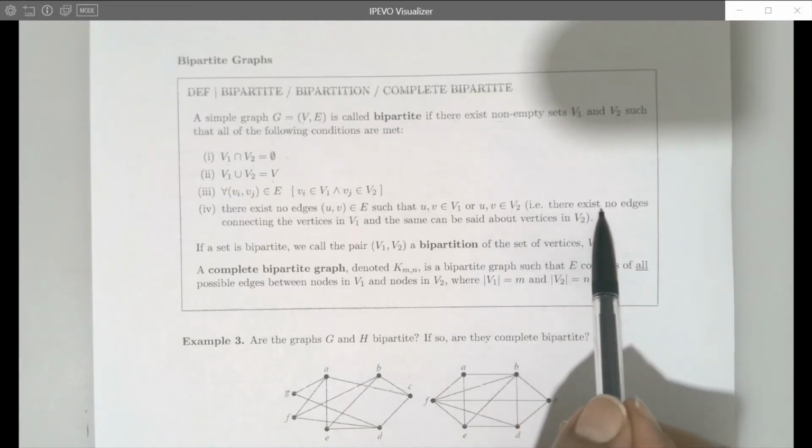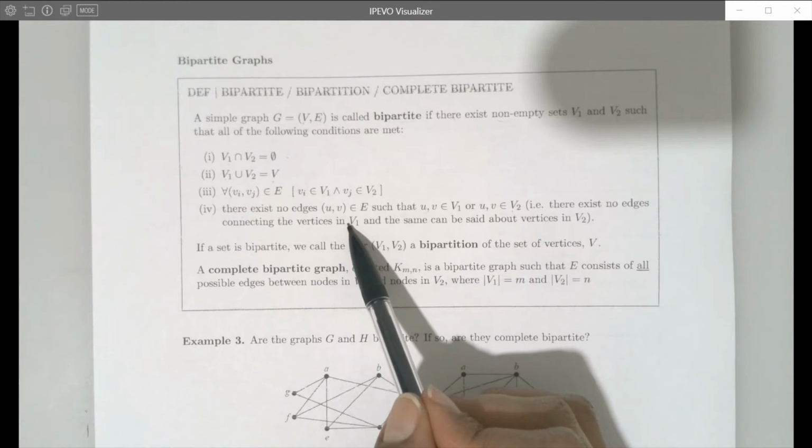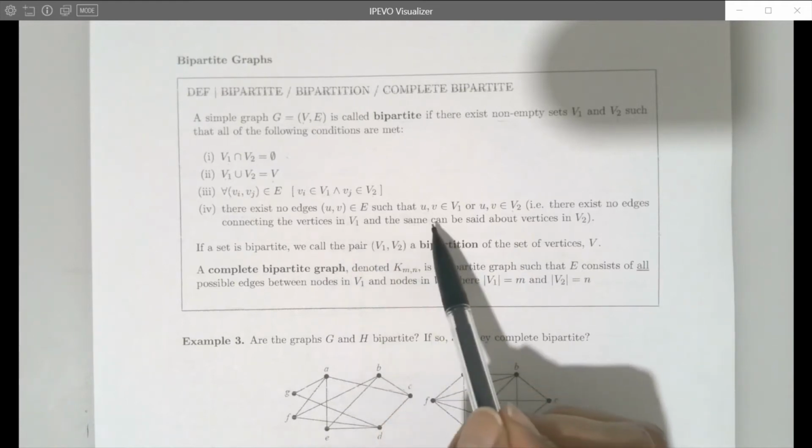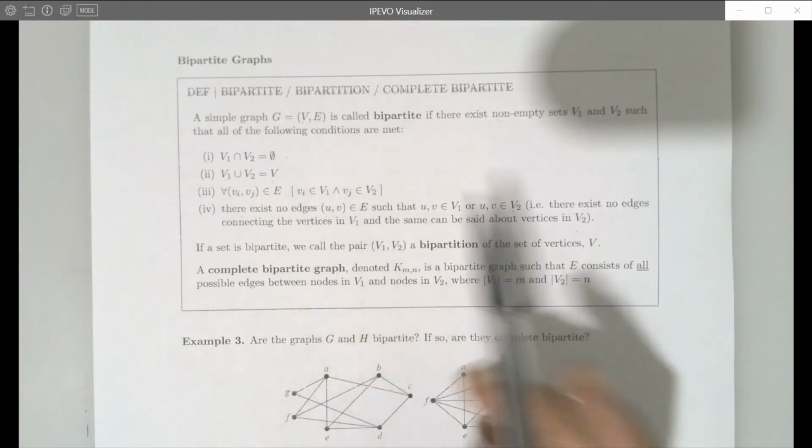So what that means is that there are no edges connecting the vertices in V1 amongst themselves, and the same can be said about V2. Okay, so that's what it means to be bipartite.